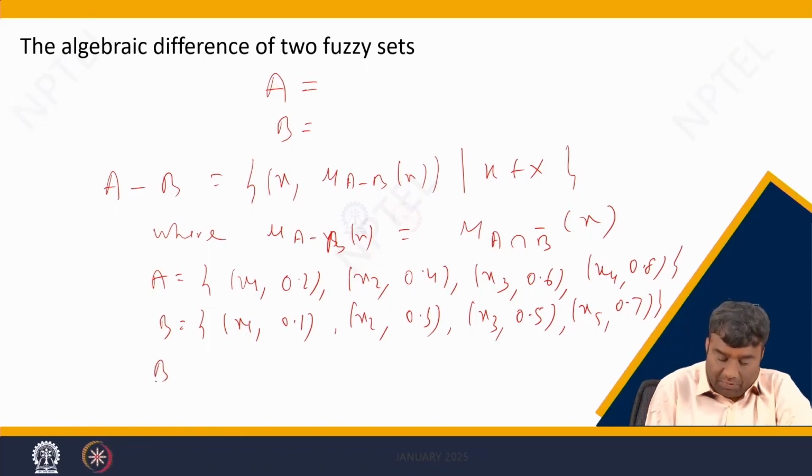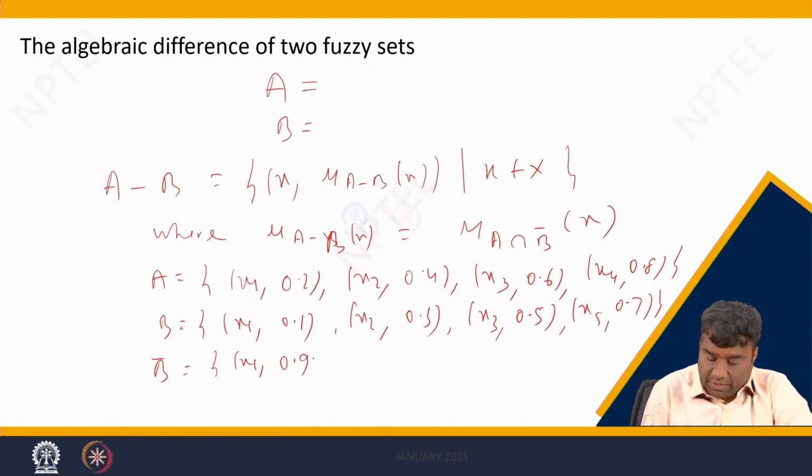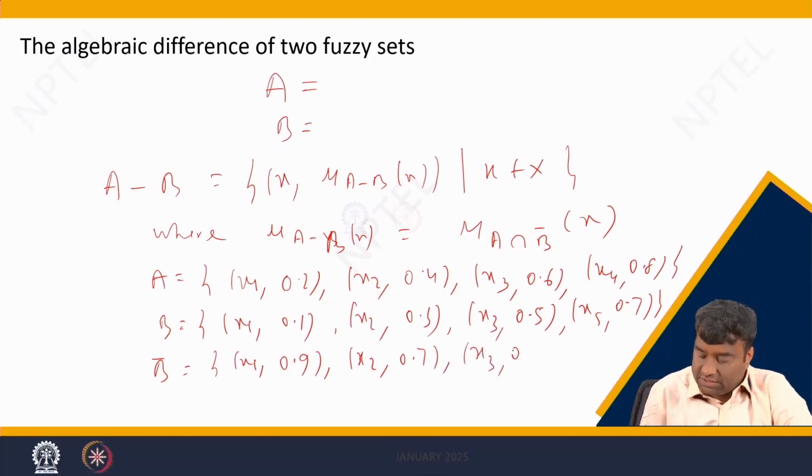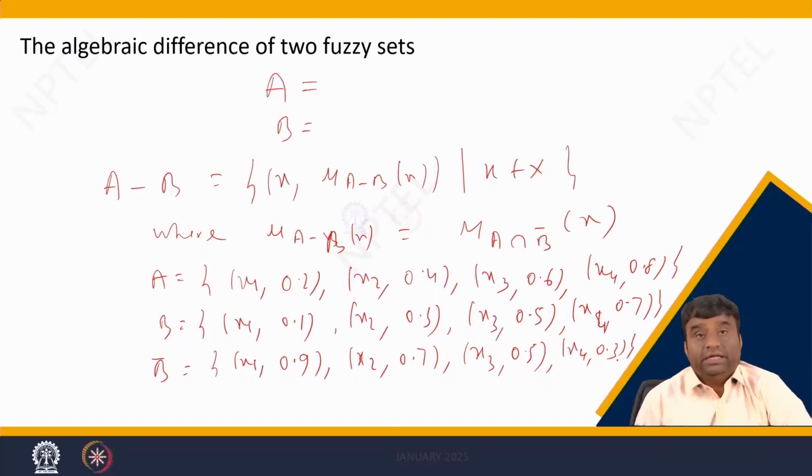So B complement you can write as x1 0.9, x2 0.7, x3 0.5, x4 0.3. So that is A, B and B complement.